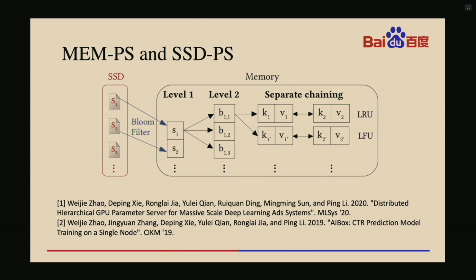In this case, with the Bloom filter, we can significantly reduce the SSD I/O, since we just need to generate a random number in the memory as the parameter value. With this optimization, we can make the latency of SSD somehow catch up with our training speed.